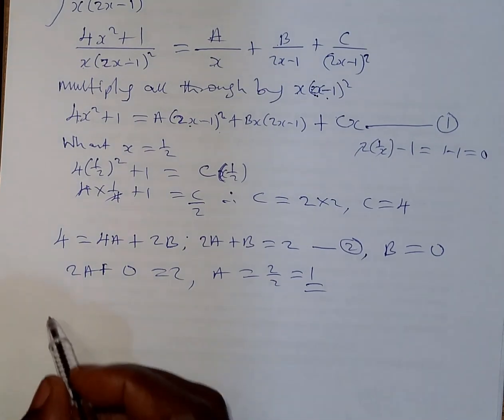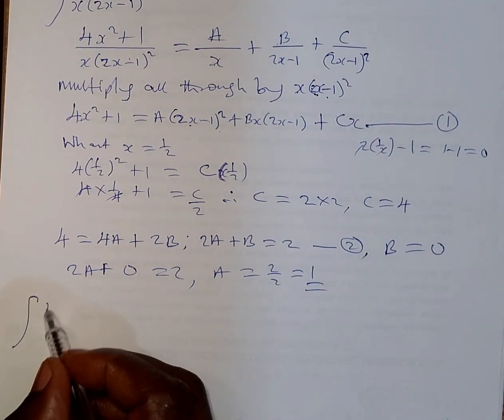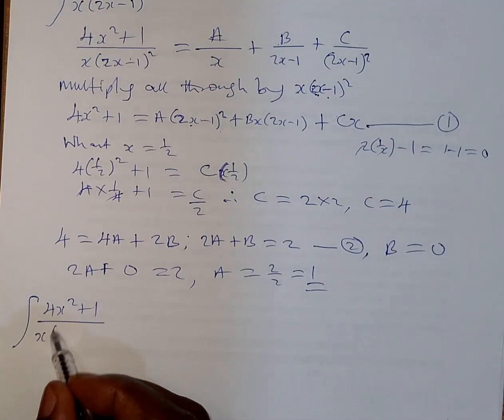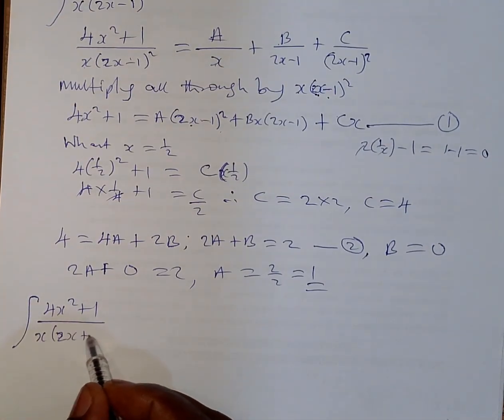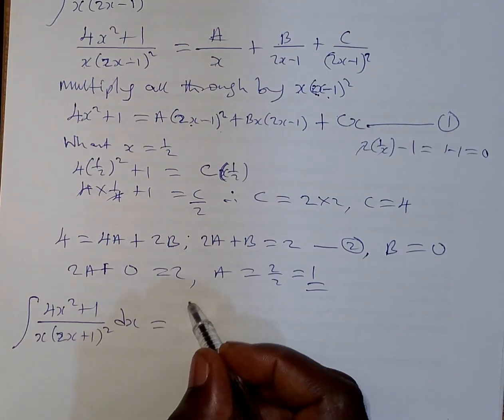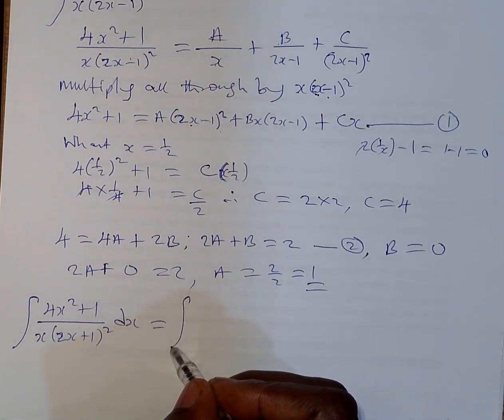So having gotten this particular one, we will now go back to the main equation, which is the integral of 4x squared plus 1 over x open bracket 2x minus 1 in bracket squared dx is equal to the integral of, I will take it one after the other.